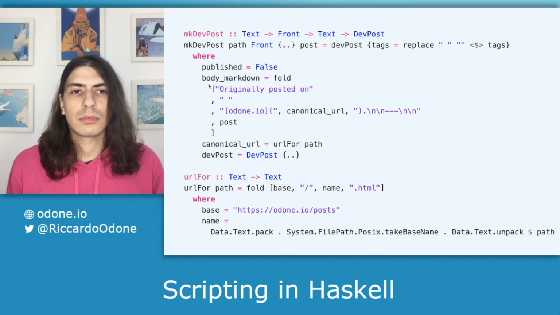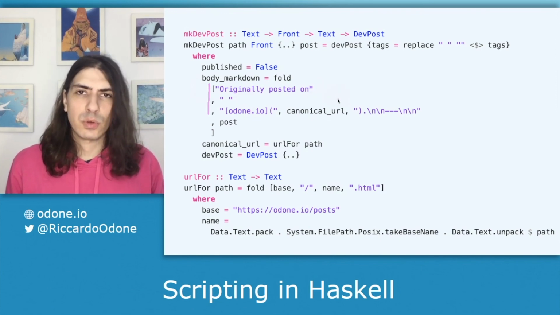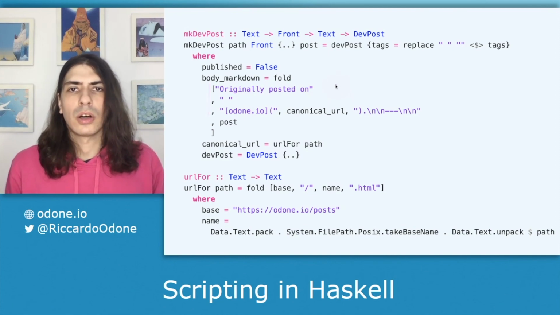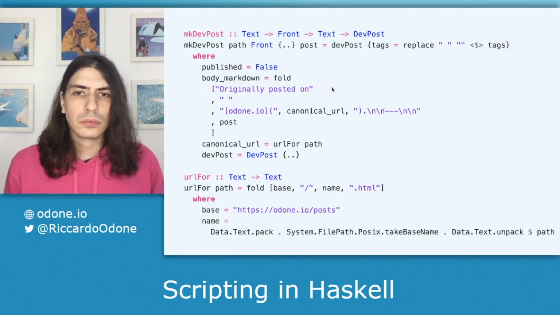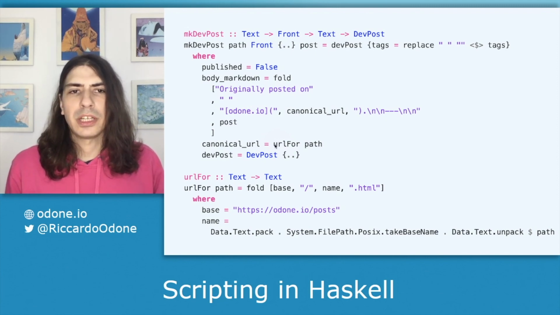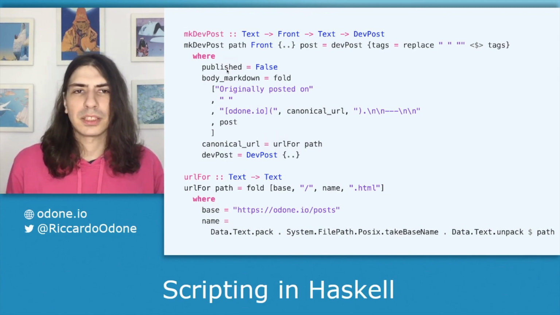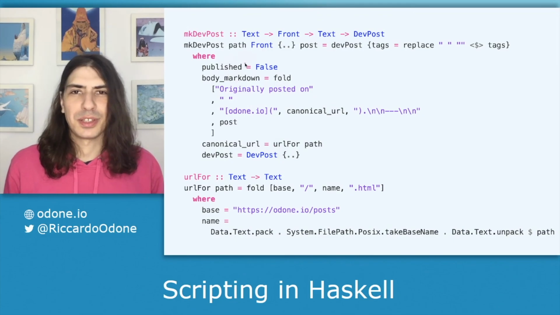We add to the post some content saying that the post was actually posted originally on odone.io. And there's not really many interesting things here, I guess. So feel free to take a look, but this is just implementation details.